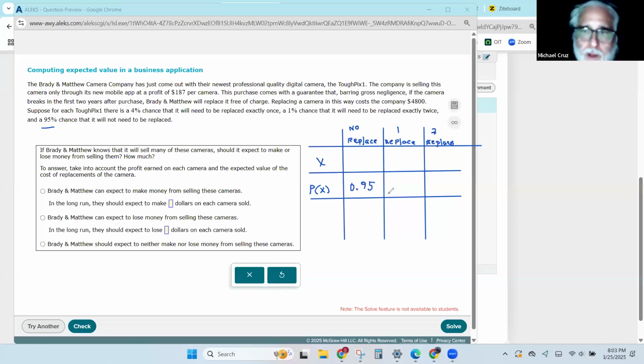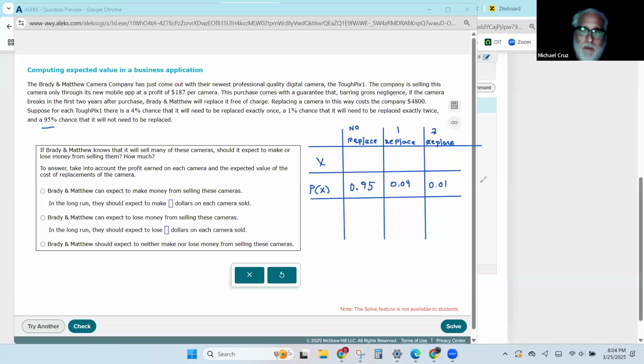So 95% is 0.95. Replaced exactly once is 0.04. That's 4% written as a decimal. And you can see, if you want to get back to it, you go 2 hops, multiply by 100, and you get the 95%. So this would be the 4%, and then this is the 1%.